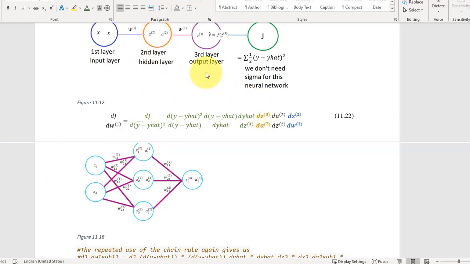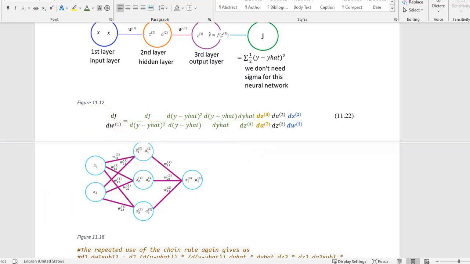Whereas here we have dz3 dA2, now we have this node here instead of this node. So instead of dz3 dA2, which is what we had here, it's going to be dz3 dA2 sub 1. So we're going to have to change that to sub 1 when we're doing this network.